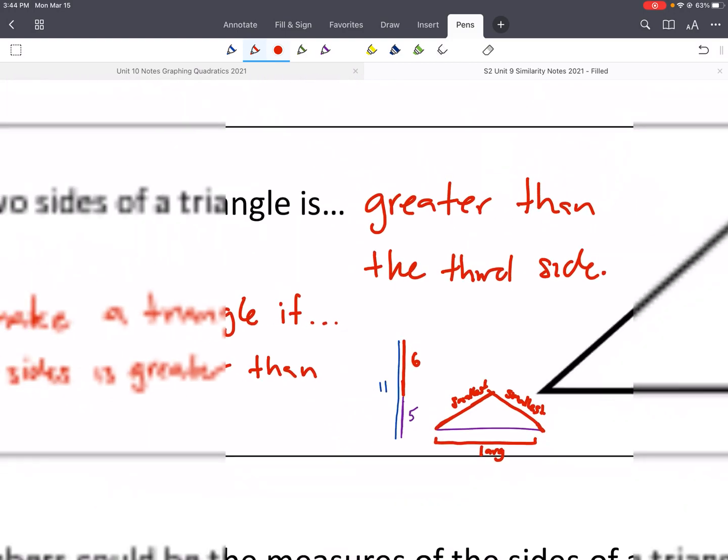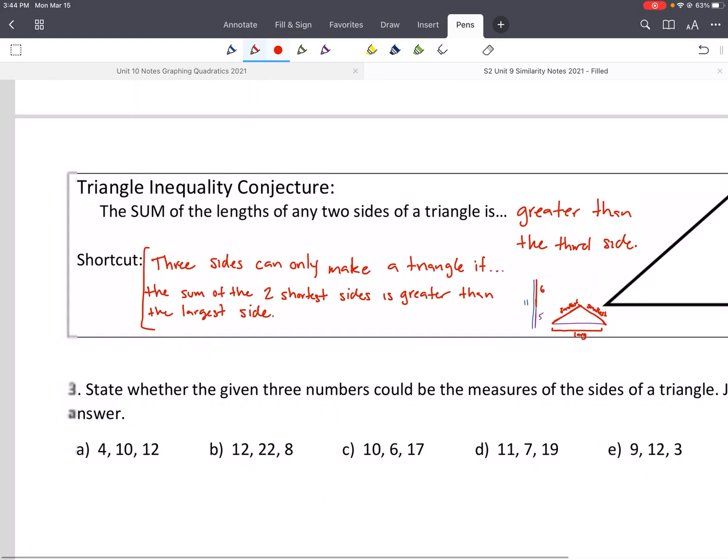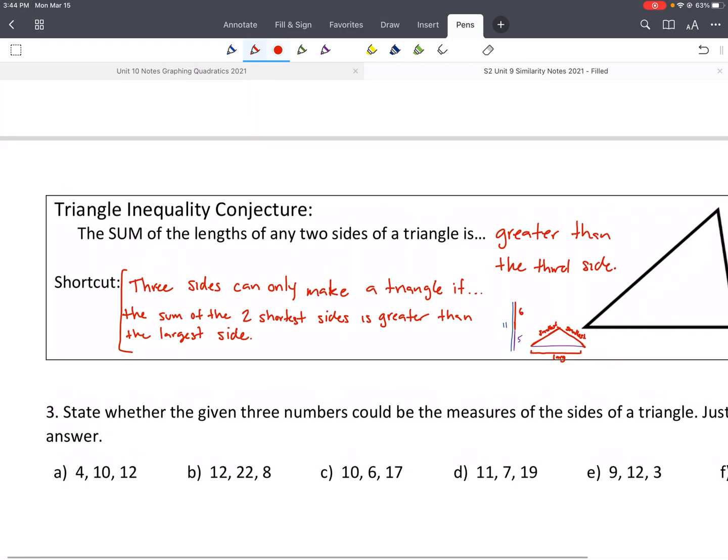Okay? So let's do a couple examples and see if that makes sense. I always like to do an example in class where I take my arm straight out, and you could try this right now. Put your arms all the way out, and then just bend your elbows. These two, your forearms and your hands, if you try and move them close towards your head, they'll never make a triangle.